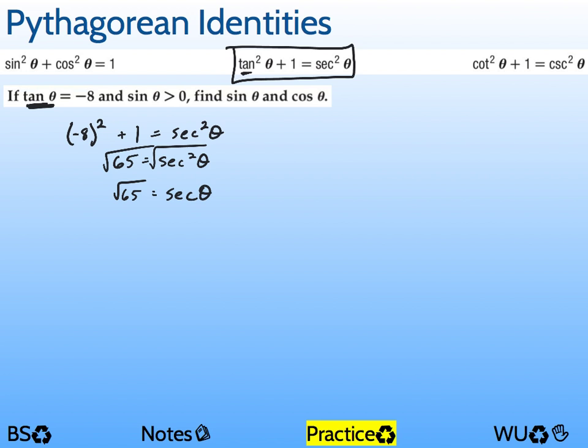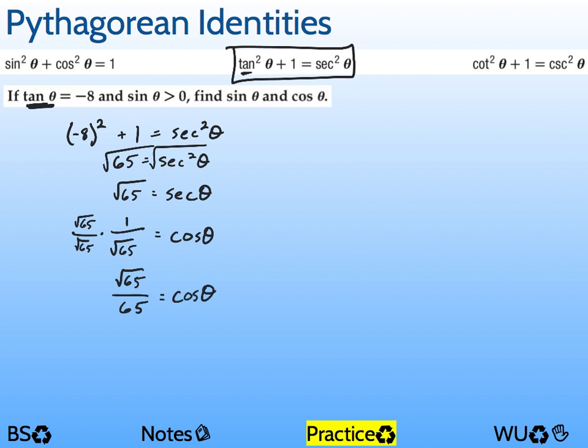Now, we also know that cosine is the reciprocal of secant. So, we get that 1 over radical 65 is equal to cosine. And of course, rationalizing the denominator, radical 65 over radical 65, we know that cosine is equal to radical 65 over 65.